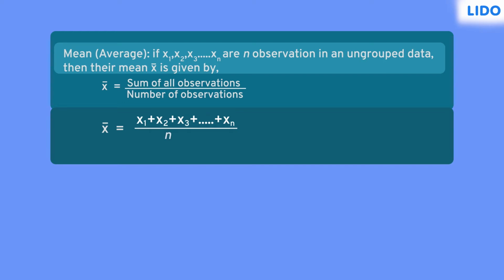The sum of terms in the numerator is written using the Greek capital letter sigma, or summation, which means sum of all x. Hence, mean can also be written as x bar equals summation of x divided by number of observations n.